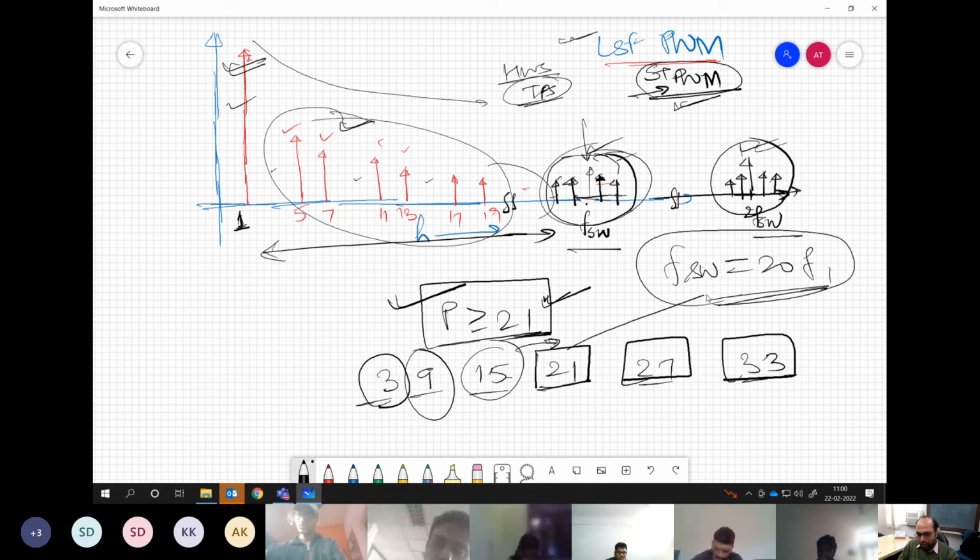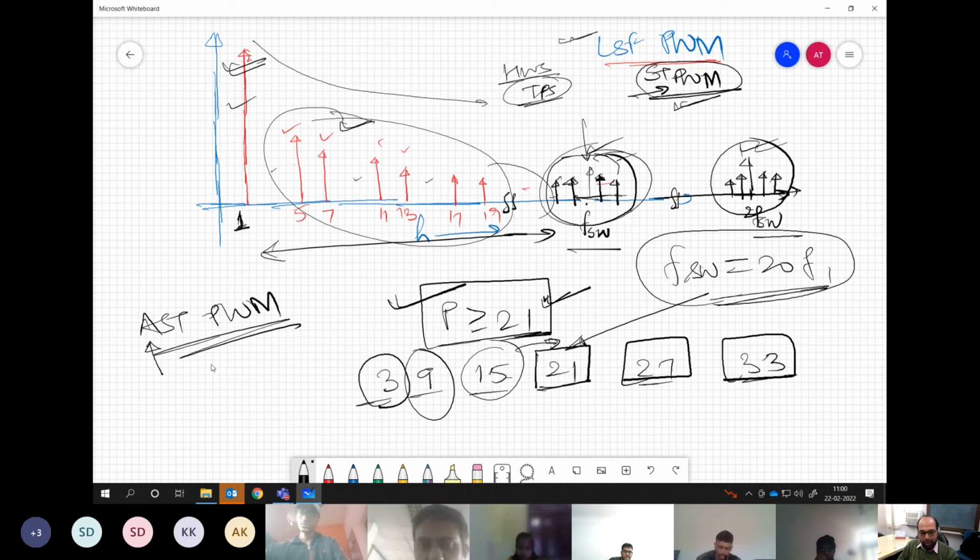And the number we have next is basically 21. In case of asynchronous sine triangle PWM, we don't have any specific number. The word asynchronous means that there is no relation between the carrier and the modulating signal frequency. There is no synchronization.